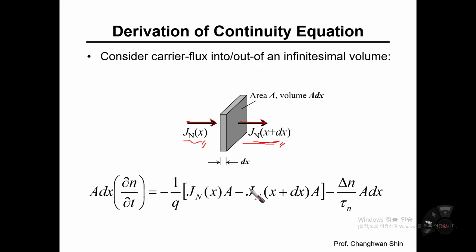Then we may look at this current density variation. How much has the current density changed across the x direction? Jn at x plus dx times A means the current value at x plus dx, and minus Jn at x times A is the current value at x.